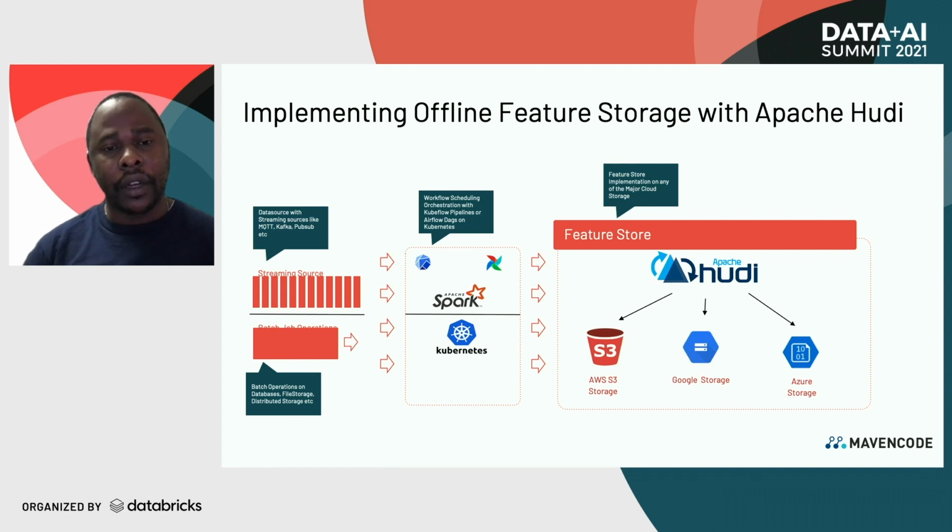Once the data comes in, we write it to our feature store, which is Apache Hudi sitting on any of the major cloud providers. So we have a configuration for the feature store built with Hudi. The data flows into our Kubeflow pipeline, and once it does, we bootstrap our Spark operator that writes the data at the end of it to the Hudi storage system.